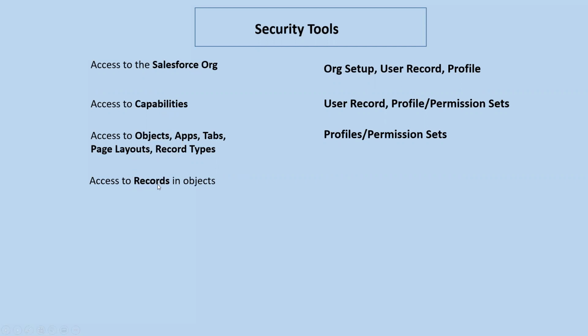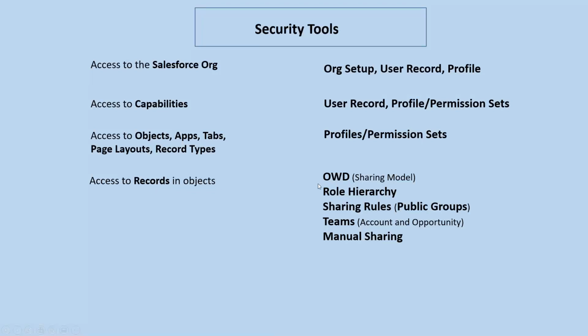But in a private model, you may only be able to view records that you own, or you may not even be able to view records that you don't own. So we have a sequence of tools in the OWD, the org-wide default. We define object by object whether it's public or private, fully private, or read-only. And then per object, if we have made it private, we can then open up access to records you don't own by this sequence of tools.